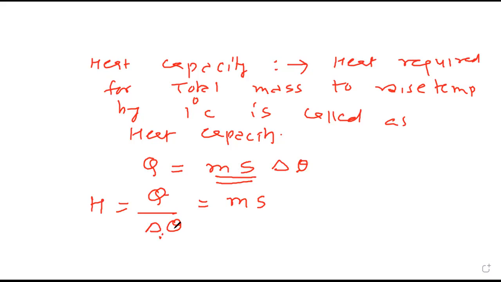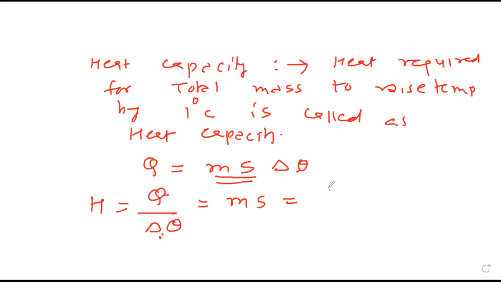So heat capacity is nothing but heat for 1 degree. S means heat for 1 degree for 1 kg. But we want for m kg. So m into S is heat capacity, which is from the formula Q upon delta theta also.